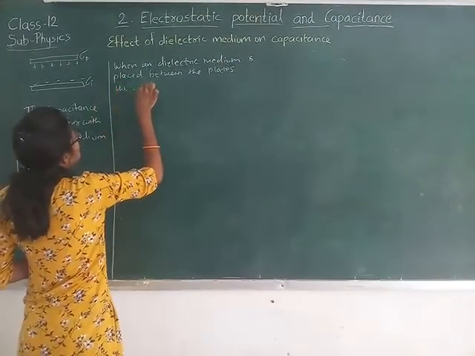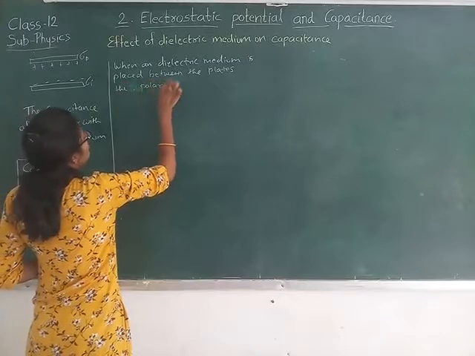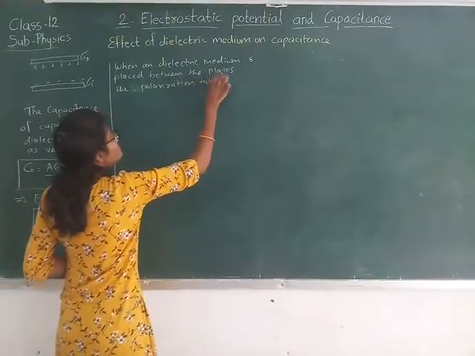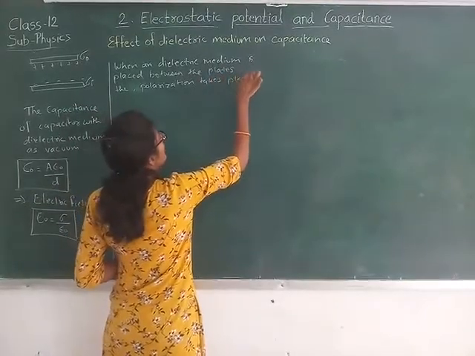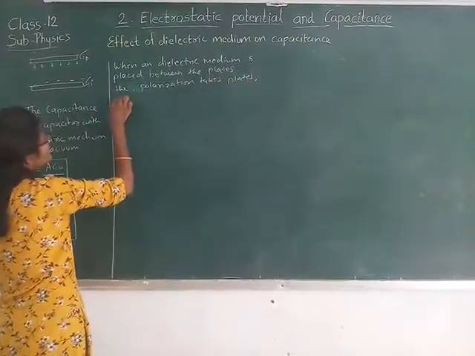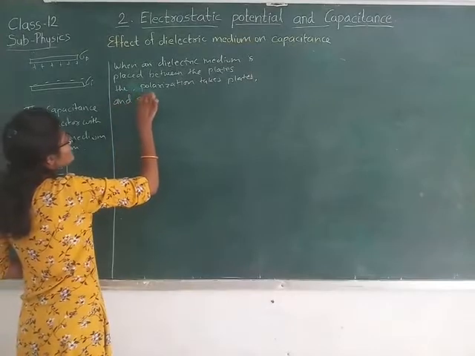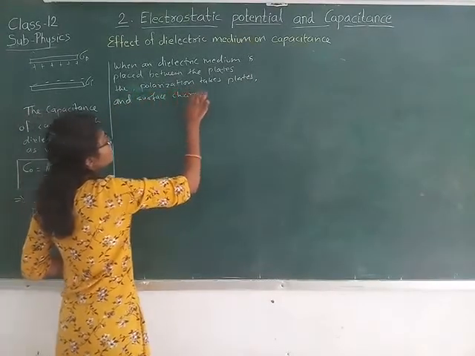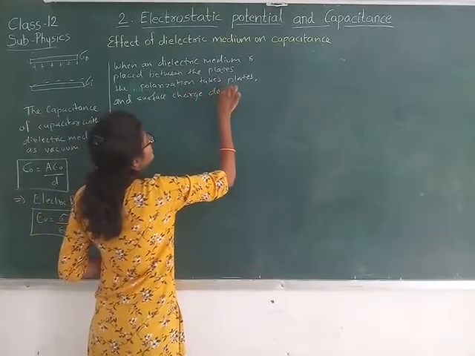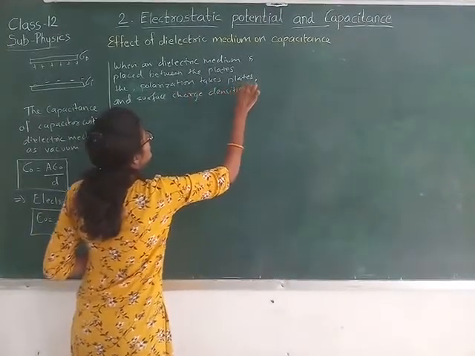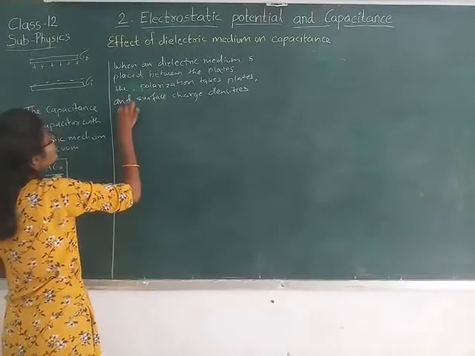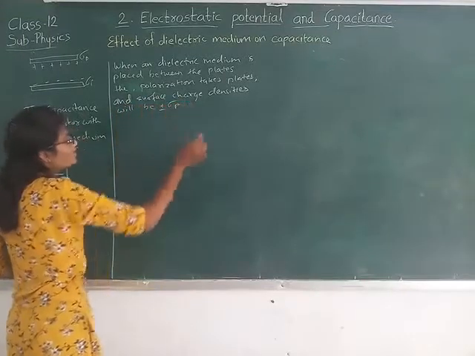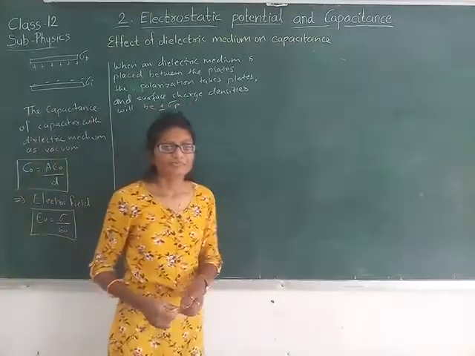Then polarization takes place and the surface charge density will be plus minus sigma p, right?